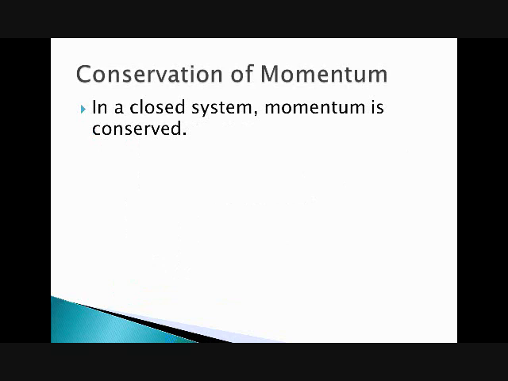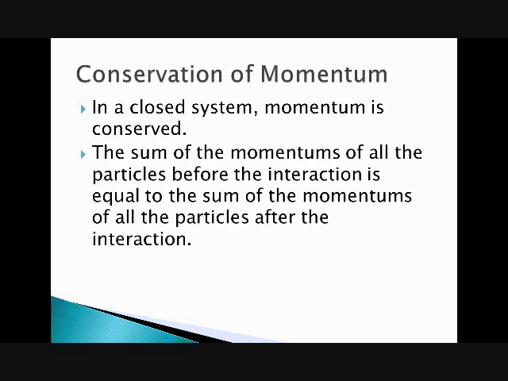Okay, what I just said earlier: in a closed system, the net force of all the interacting particles is equal to 0, and momentum is conserved. That means the momentum goes unchanged from before the interaction to after the interaction.